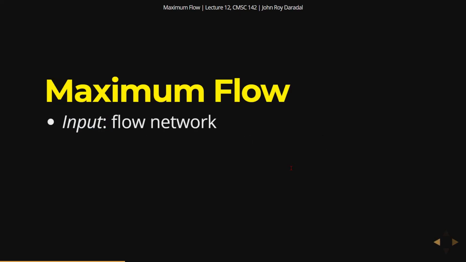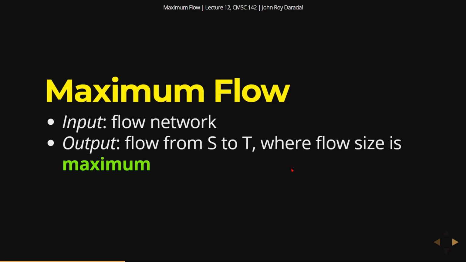Now that we are familiar with flow networks and flow size, we are ready to define the maximum flow problem. For the maximum flow problem, our input is a flow network, and of course this comes with a directed graph, a source, and a sink vertex. And then for our output, we'll try to find the flow from S to T where the flow size is maximum.